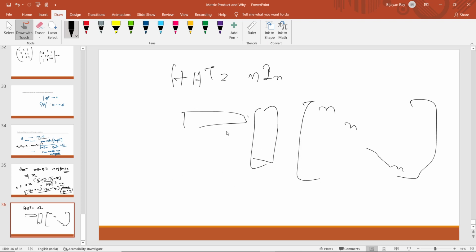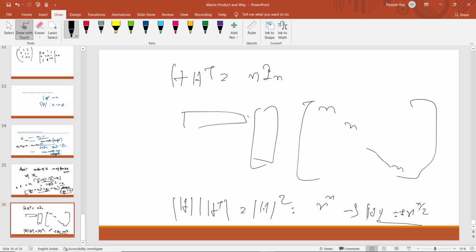This is simple to see, and again this gives the determinant of the Hadamard matrix, determinant of H squared equal to n to the power n, which implies the determinant mod is equal to n to the power n by 2. So again a cool property is that Hadamard matrices are non-singular for n greater than 0.